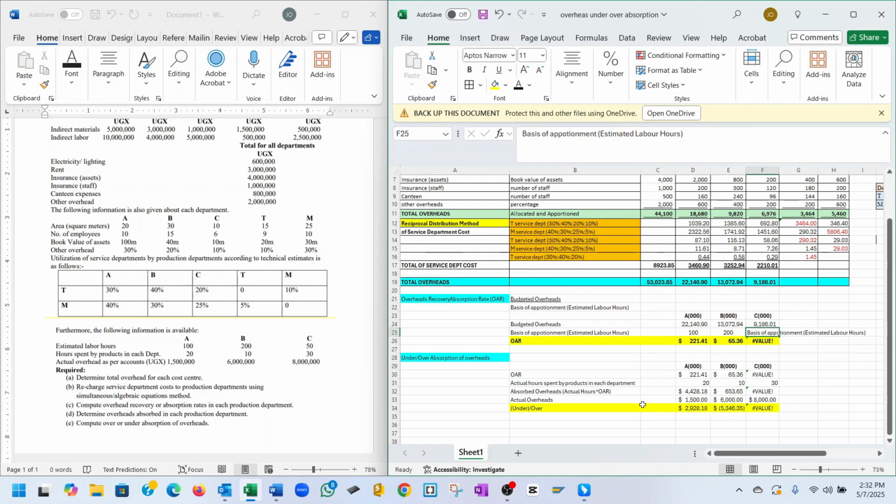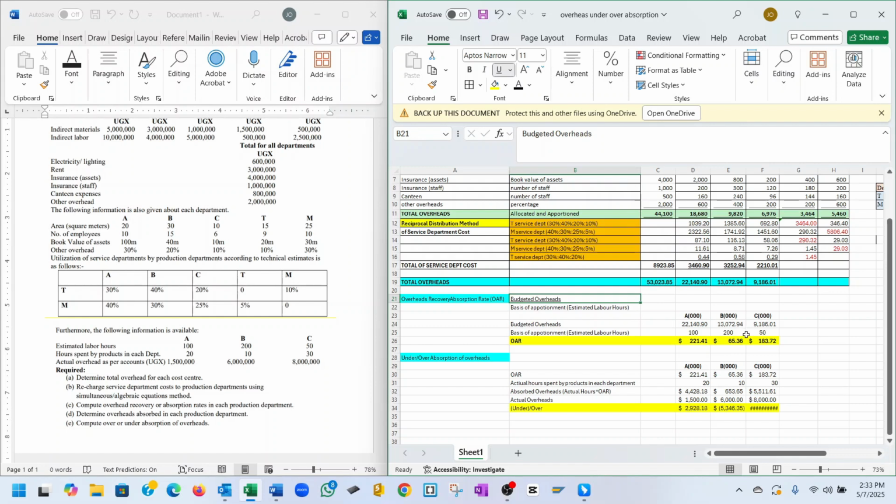In order to compute the overhead absorption rate, it is the budgeted overheads divided by the basis of apportionment, or the estimated labor hours. So when we divide 22,140.9 by 100, we get 22.41.